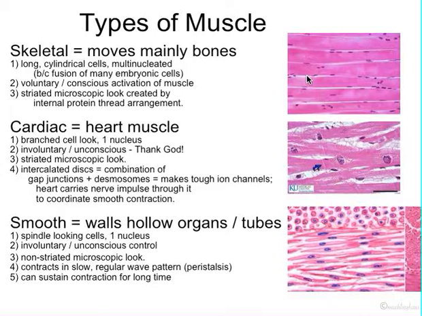Skeletal muscle contracts voluntarily. That means we are conscious when we move it. When we say, let's move that arm up, you can contract it with your mind. When we look under the microscope, it looks striated. What that means is you see these internal protein threads arranged lengthwise like that.